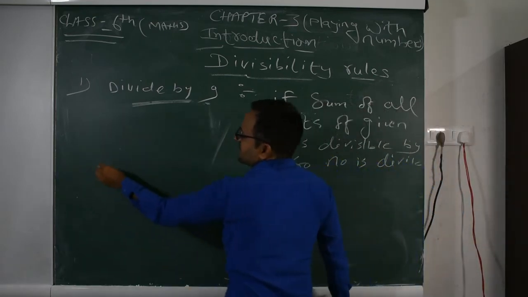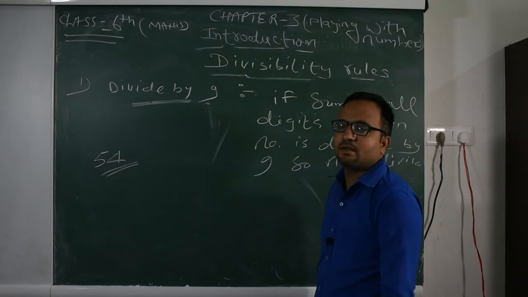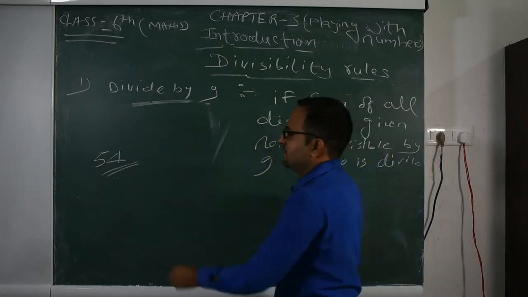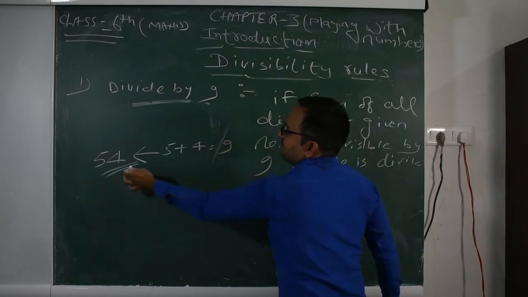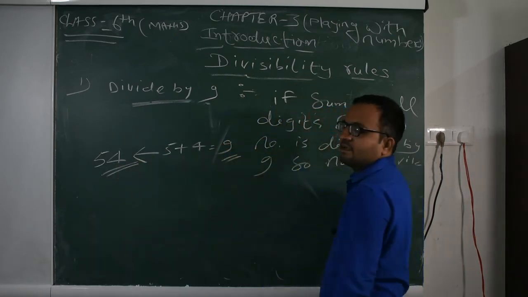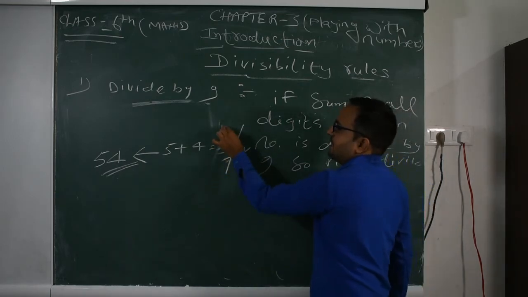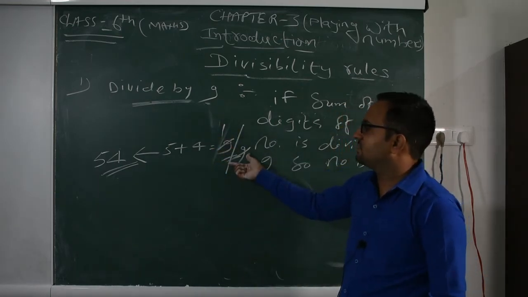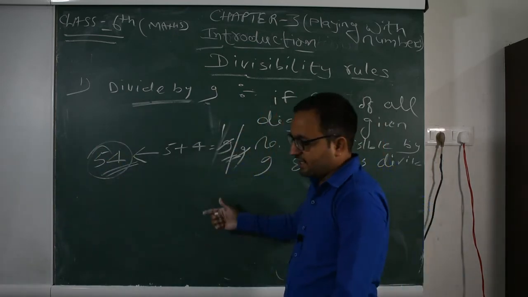For this we check whether 54 is divisible by 9 or not. So we add 5 plus 4, we get 9. Is 9 divisible by 9? Yes, 9 is divisible by 9. So we call 54 also divisible by 9.